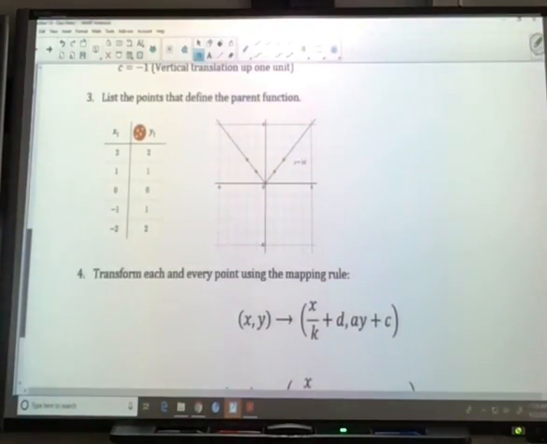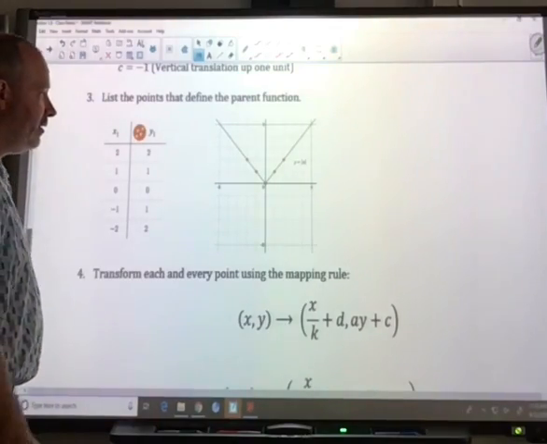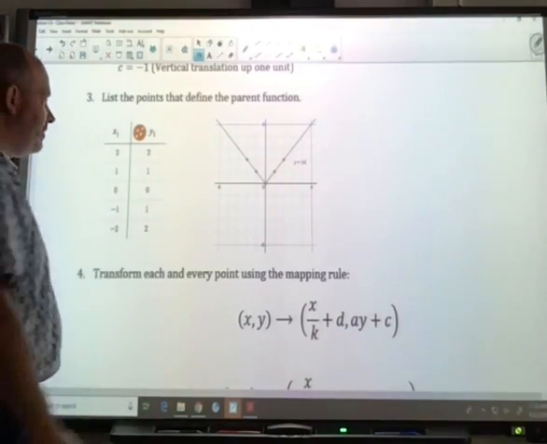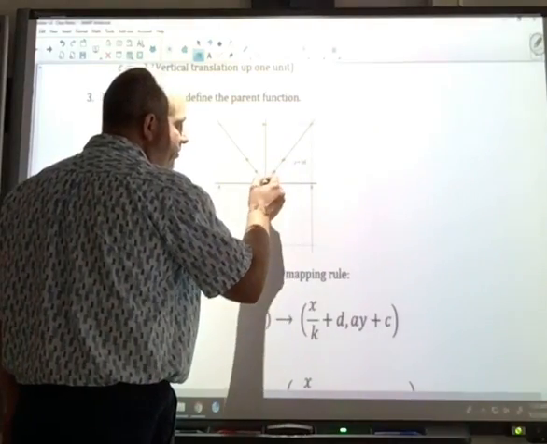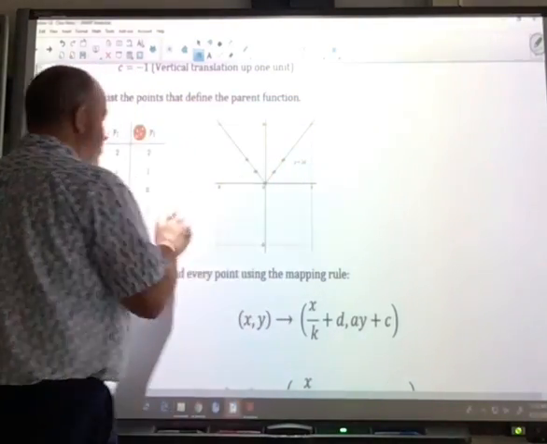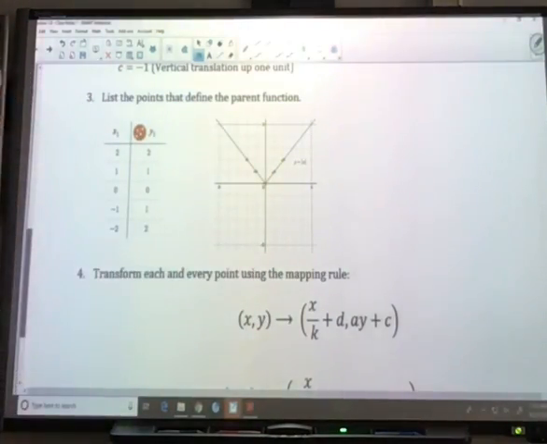So list the points that define the parent function. Okay, so start from the parent function. In this case, it's a root function, so (0, 0), (1, 1), (2, 2), (-1, 1), (-2, 2), and there are the points right there.